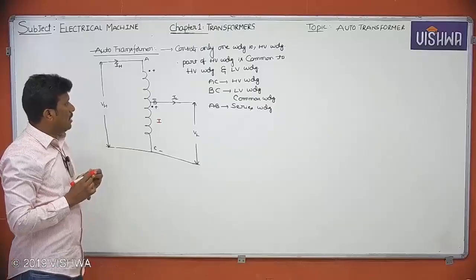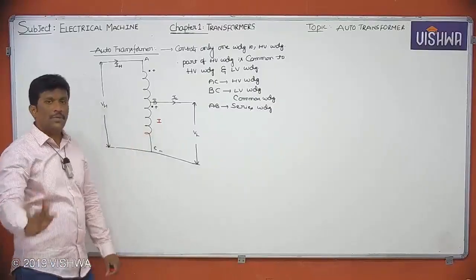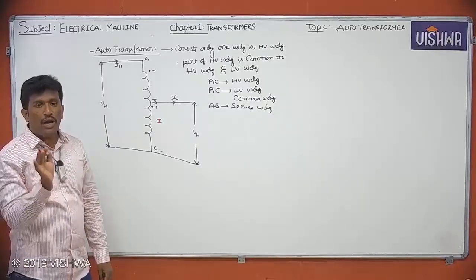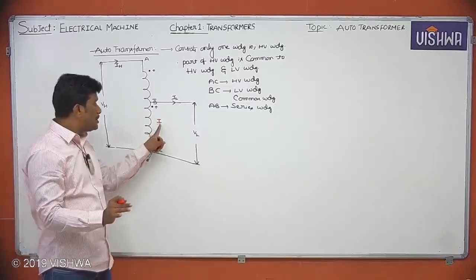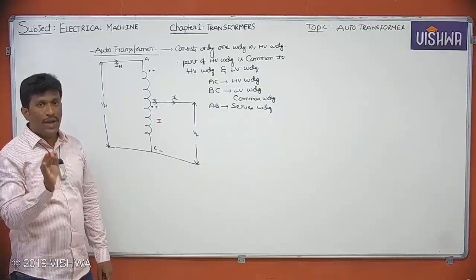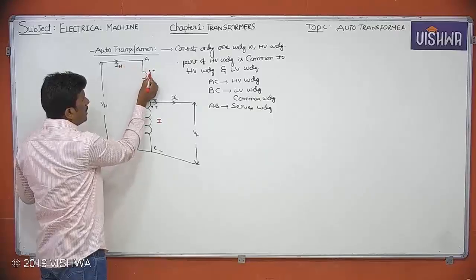So please tell me what might be the direction of your I here. That is very important. You have to confirm the direction of positive I current. See here, IH is coming like this and it is entering at the dot here.